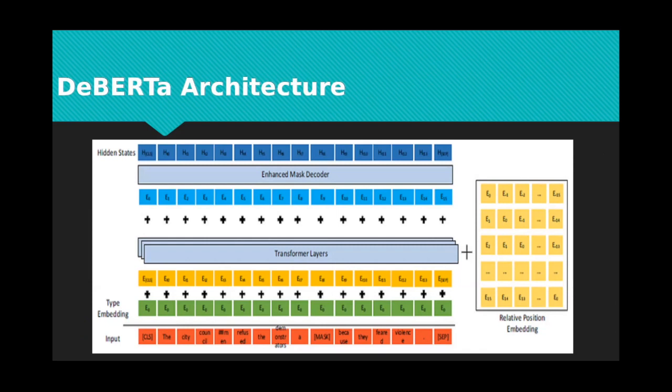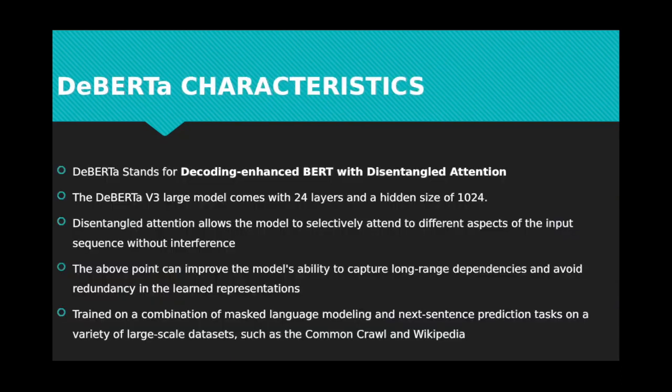A relative positional embedding is particularly useful for context capture, because BERT generally does it on a hard-coded basis, where all the positions are hard-coded, whereas DeBERTa can check depending on the position throughout the sentence how it is supposed to be in a particular context. It has 24 layers and a hidden size of 1024. The disentangled attention mechanism allows it to selectively attend to different aspects of the input sequence without interference.